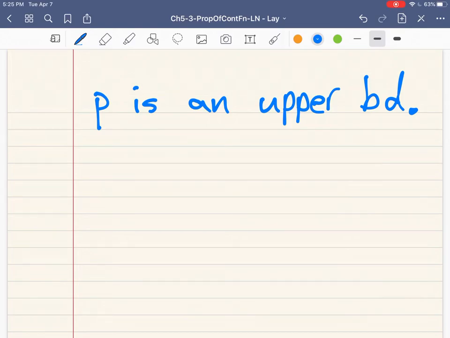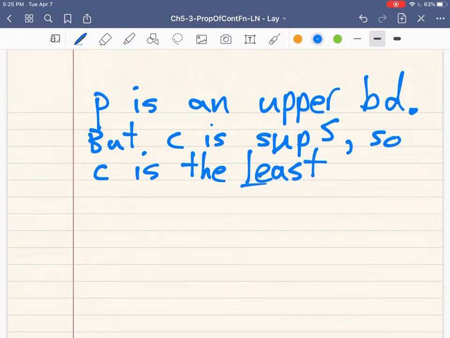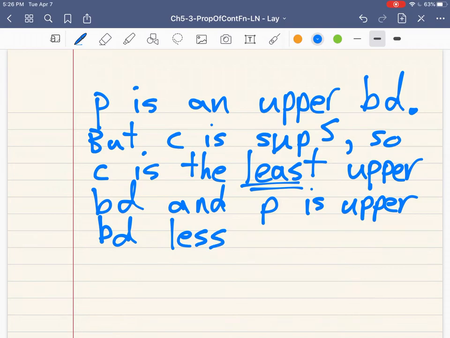Maybe that doesn't seem like a problem, except for what did we say about c? c is the supremum of S, so c is the least upper bound. And p is an upper bound less than c.